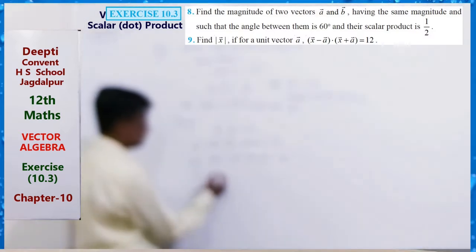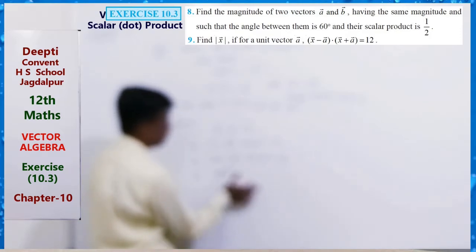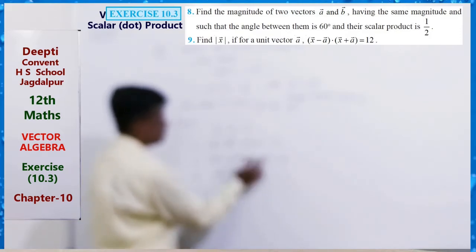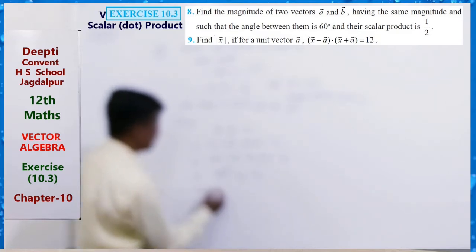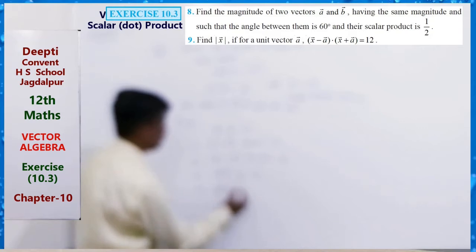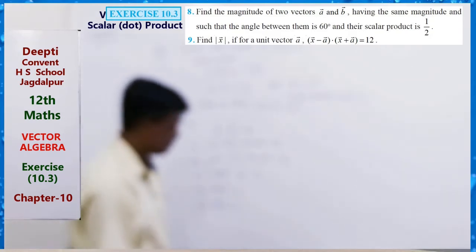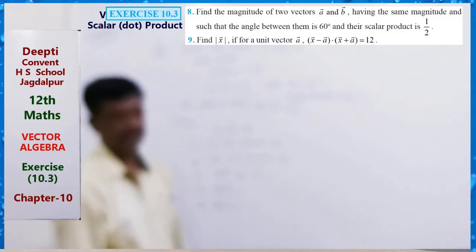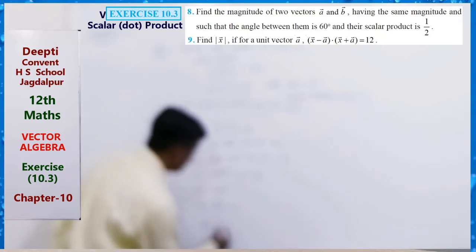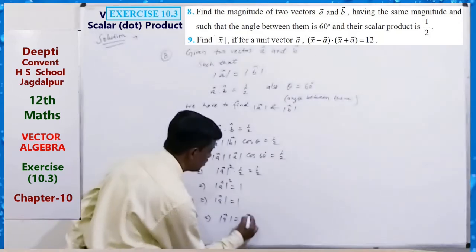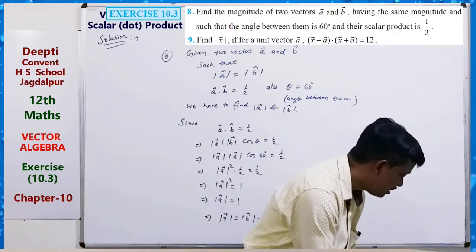So mod A square times 1 by 2 equals 1 by 2. So 1 by 2 and 1 by 2 cancel. Mod A square is 1, so mod A equals 1. Okay, modulus is 1 and also B will be 1. This implies mod A equals mod B equals 1.